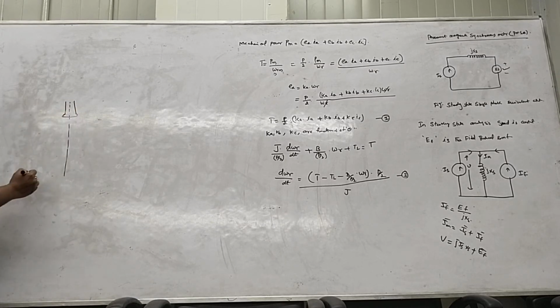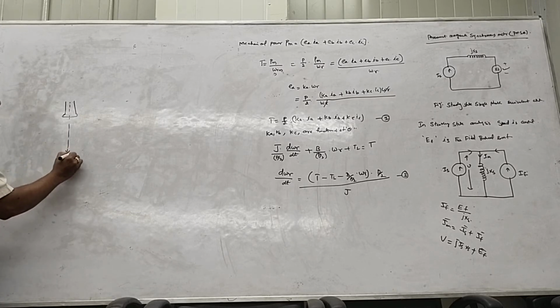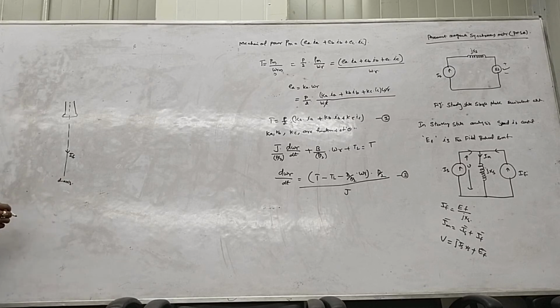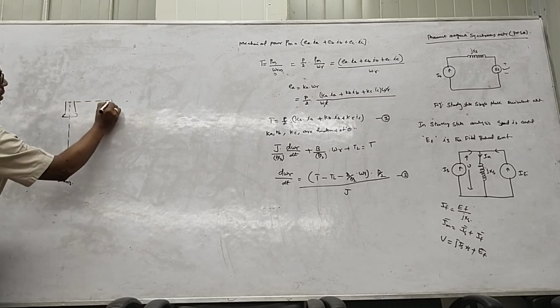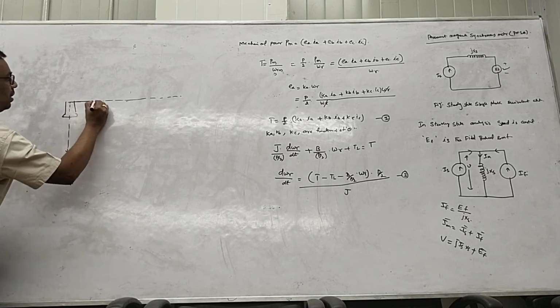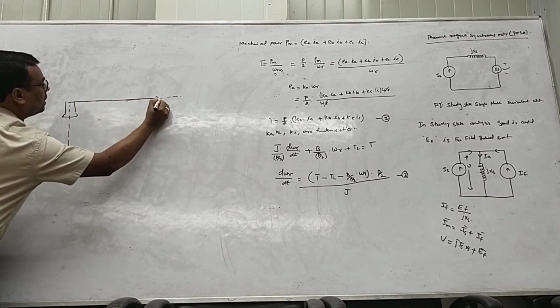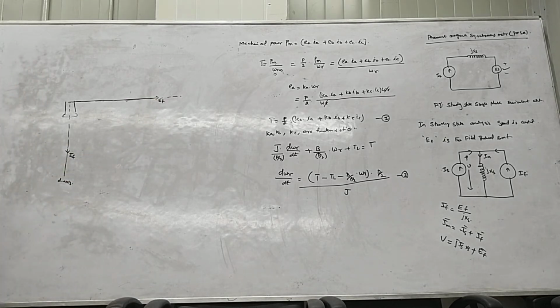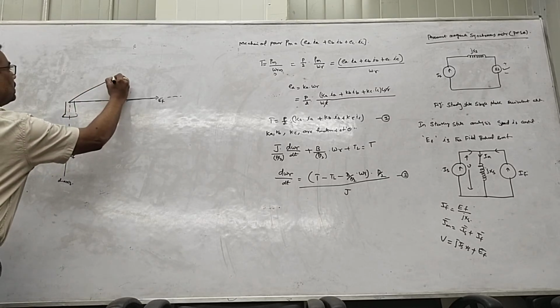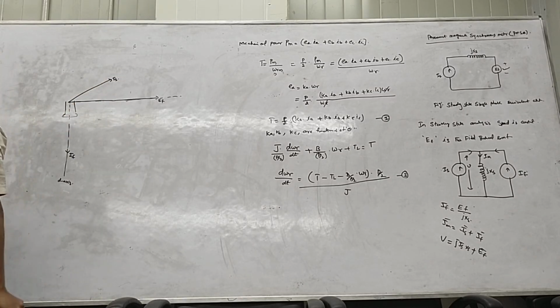You may consider this is the field winding and the field current axis. Here this is your Q axis, and on the Q axis the field induced EMF Ef is existing. And here we have the stator current Is, and the angle between them.